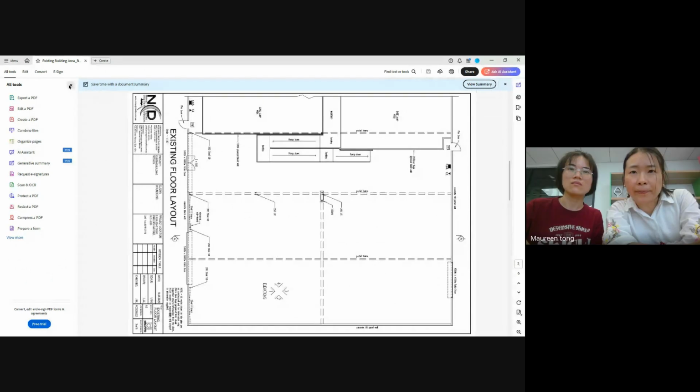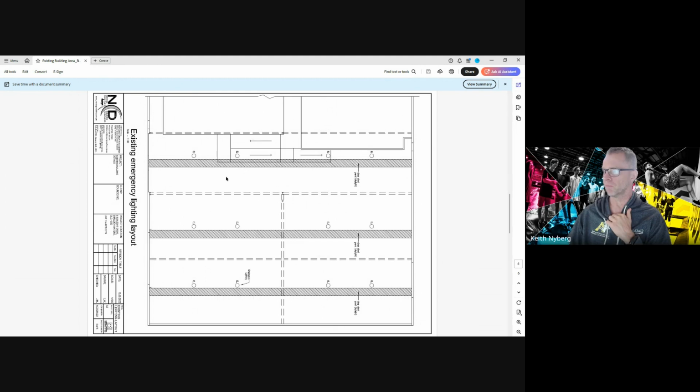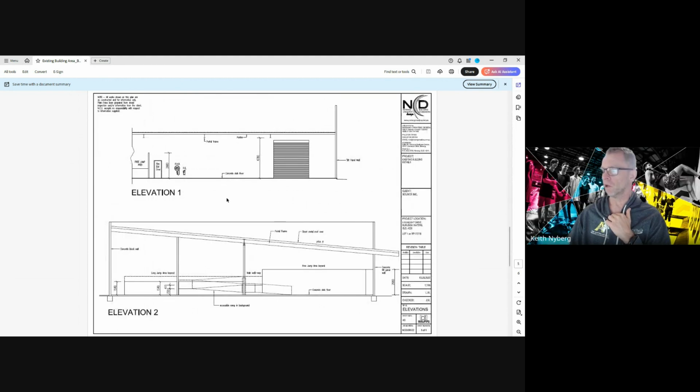So there's that ramp down we were just looking at, the airbag, the end of free jump. This shows all the details, where columns are, how big they are, any services, and some elevations showing the heights of the venue.